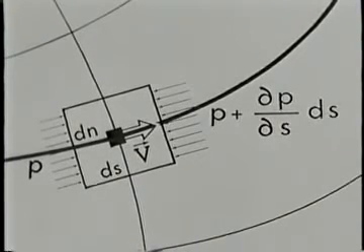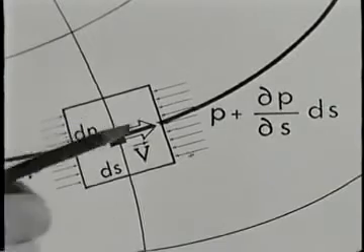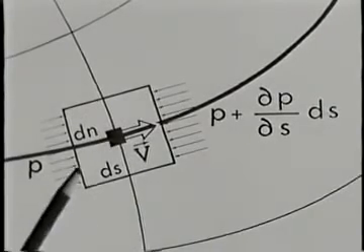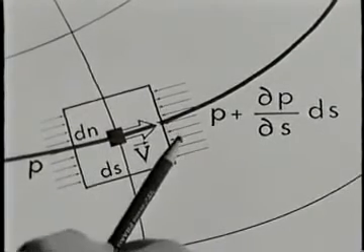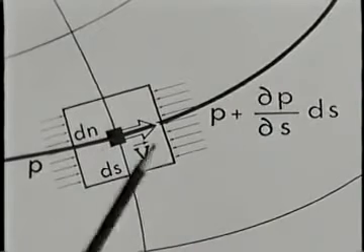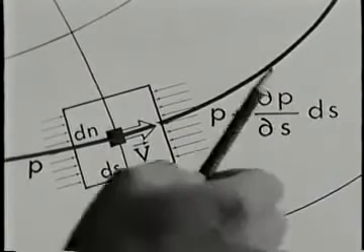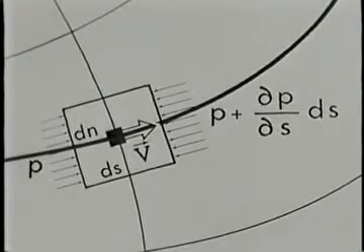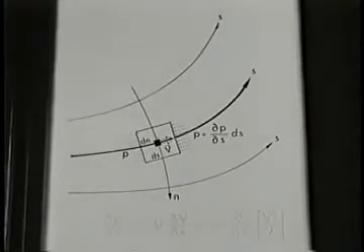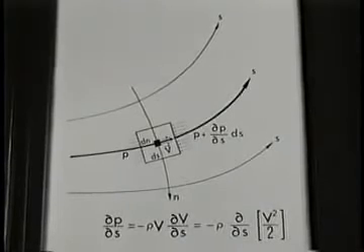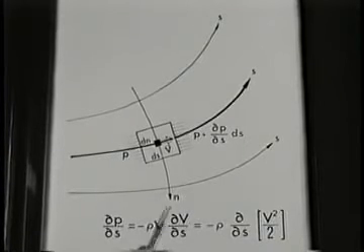The net force on the particle acting along S comes from the difference of pressure on these two faces, related to the pressure gradient, dP/ds. The acceleration along S is related to the convective increase of velocity as the particle moves along S, and, in Eulerian description, is equal to v dv/ds.